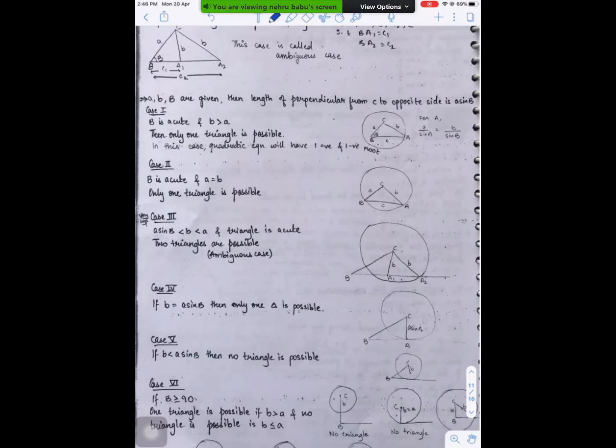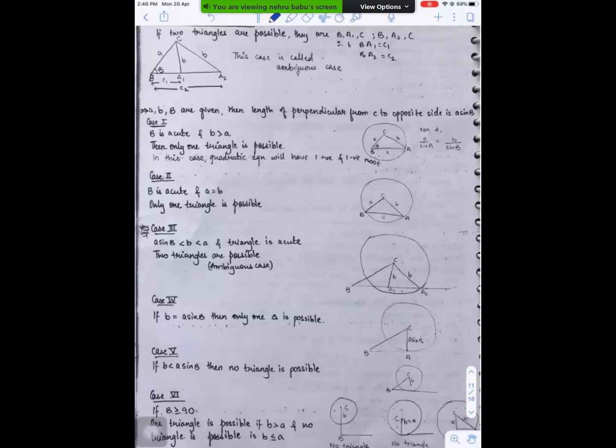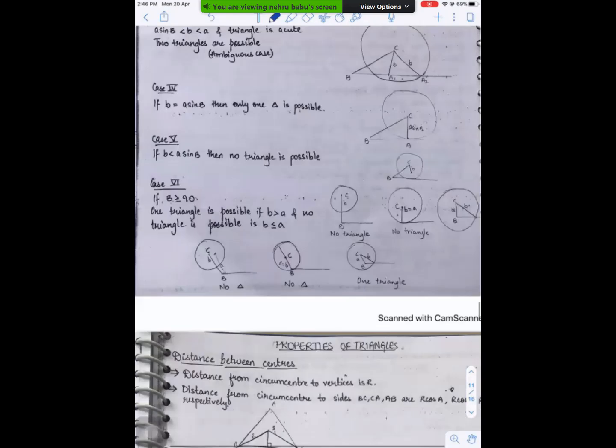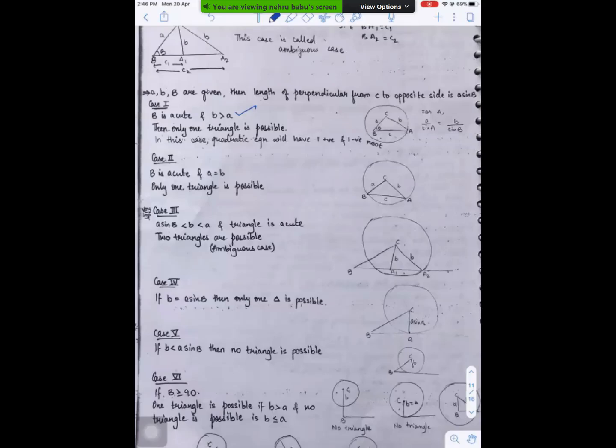Now if you see the possibilities, if B is acute and b is bigger than a, in that case you will get only one triangle. And if B is acute and a equal to b also, only one triangle is possible.